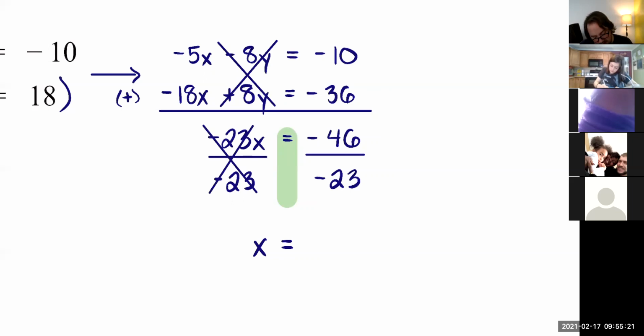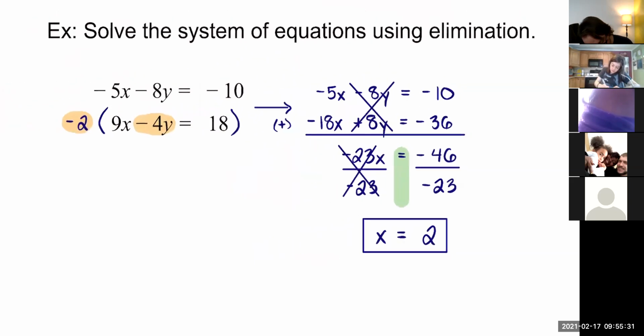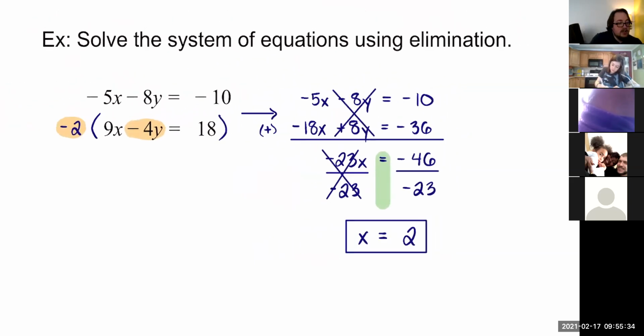And on the right, negative 46 divided by negative 23 gives me a positive 2. So good news, that's the hardest part. As soon as you find one of the variables, it is very quickly going to help you find the other one. And in this case, the other one is a y.